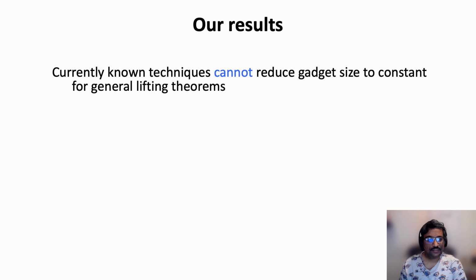Here's a quick overview of our results. Our first result shows that currently known techniques cannot reduce gadget size to constant for general lifting theorems. We actually prove something stronger: even going below log n is not possible with current techniques for general lifting theorems.